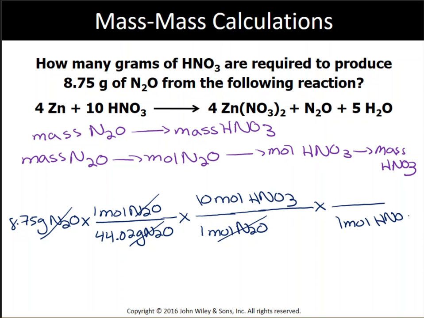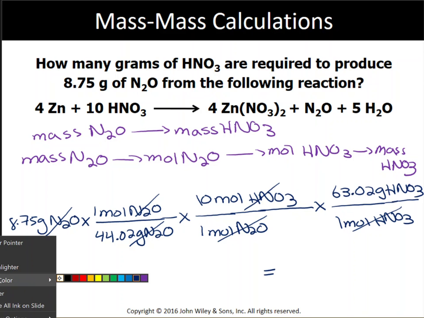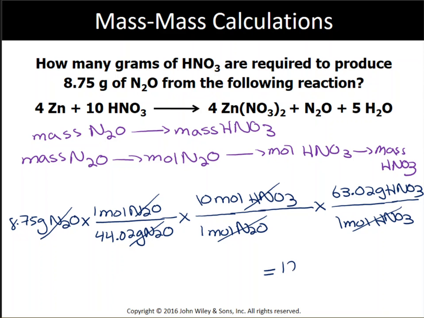So each mole of nitric acid is 63.02 grams of nitric acid. So the answer is 125 grams of nitric acid.